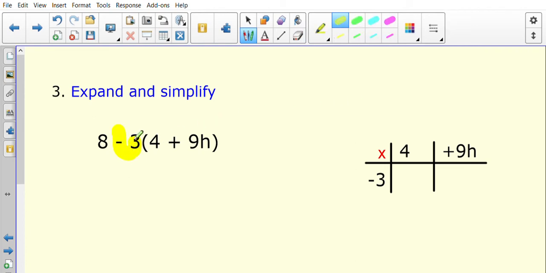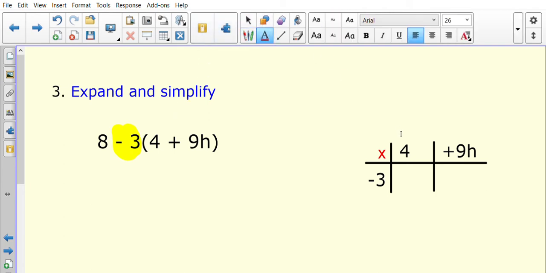So that minus belongs to the 3. And you'll notice when we've put it in our table, we've brought the minus with us. So it's minus 3 times 4, which will give me minus 12. And then it's minus 3 times positive 9h, which is minus 27h.